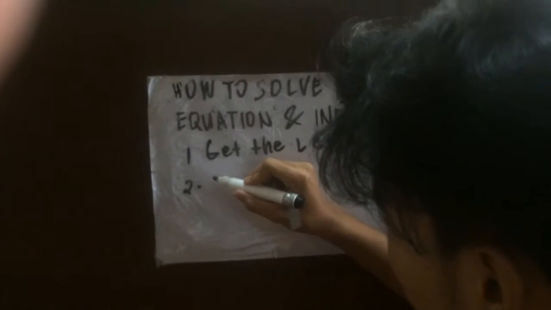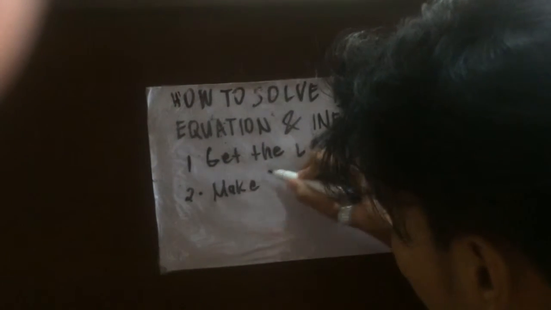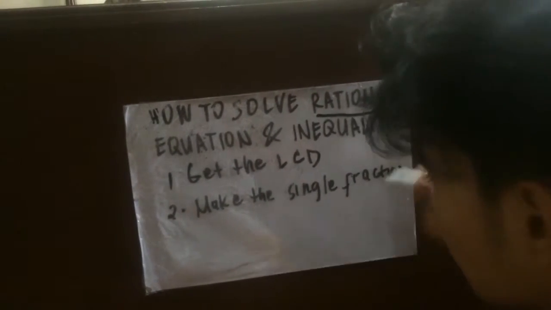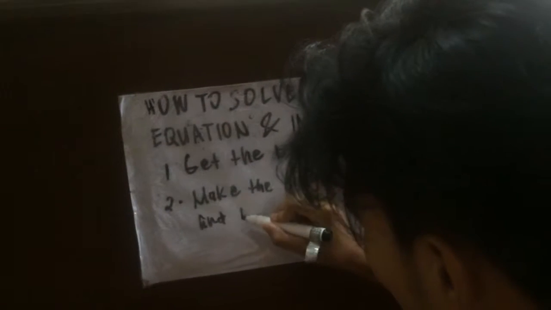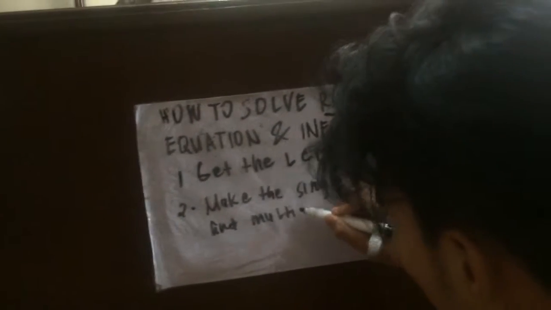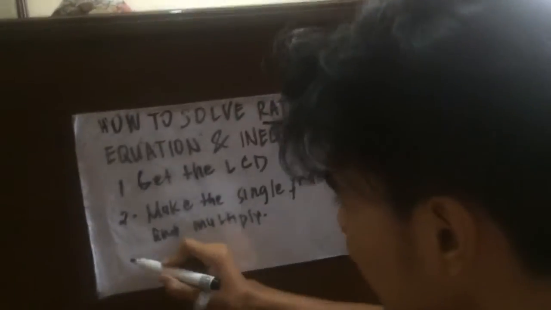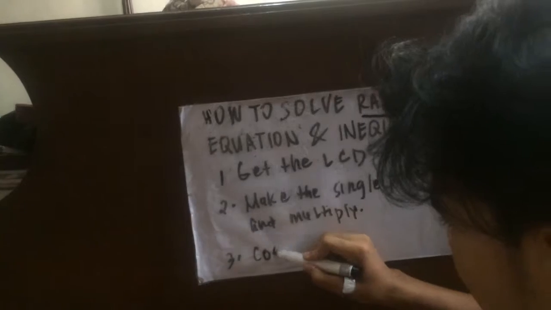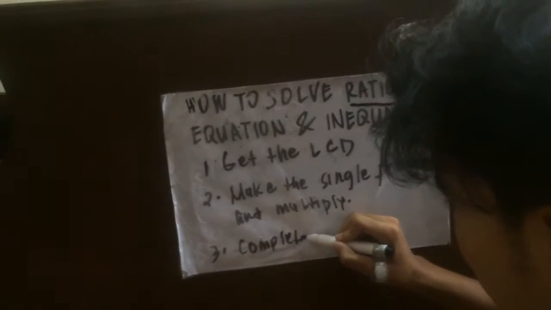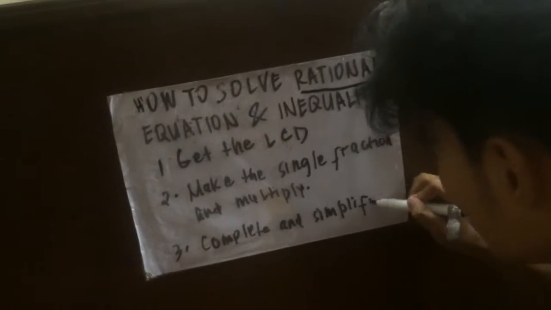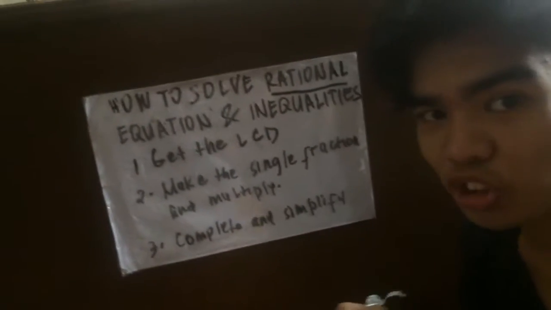Second step is make the single fraction and multiply. Then the third step is complete and simplify. Okay, ayun yung mga step para makuha ang rational equation.